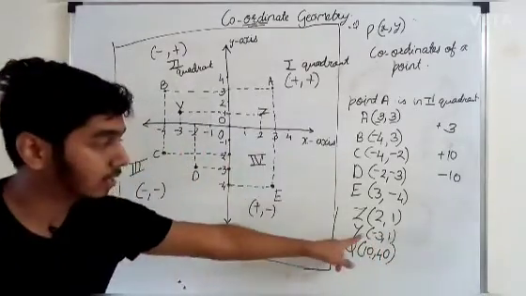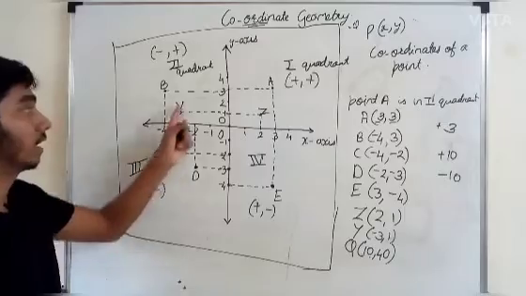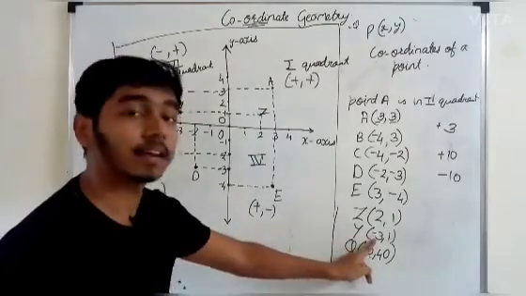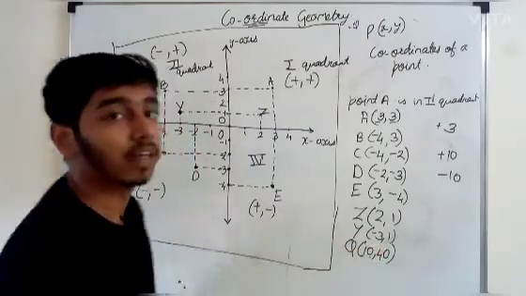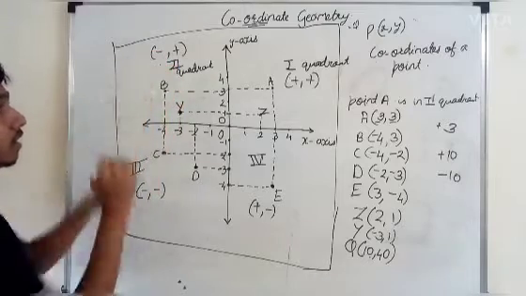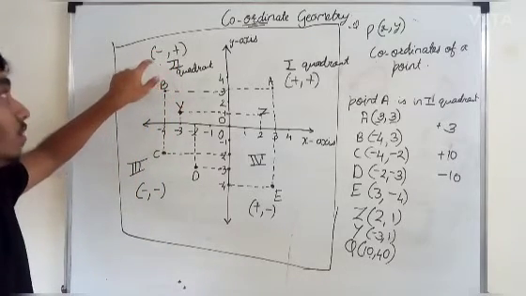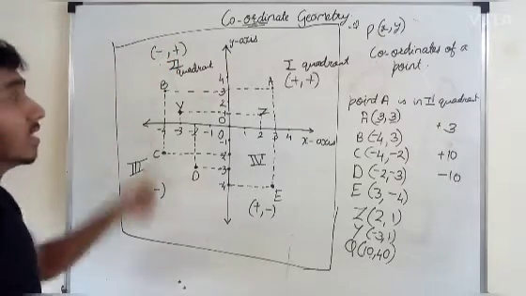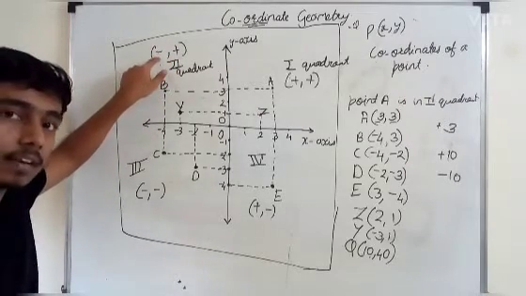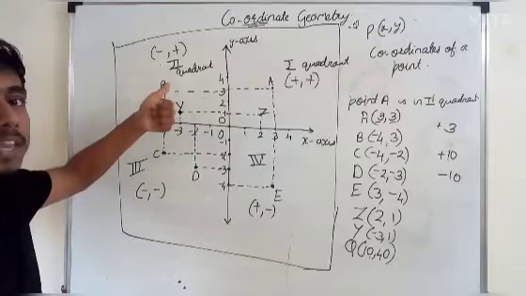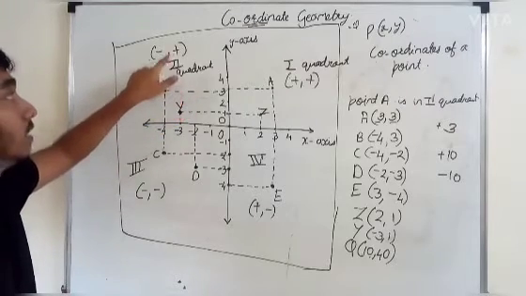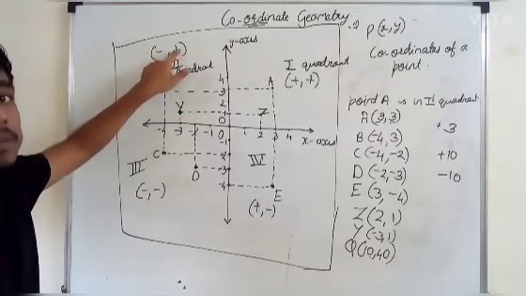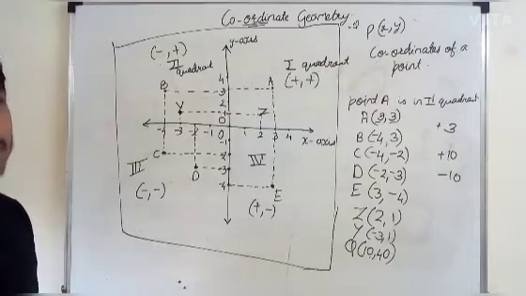If you see this point y, the x coordinate is negative and the y coordinate is positive. That's the sign convention for the second quadrant: negative and then positive. This means the x coordinate will always be negative in the second quadrant, and the y coordinate will be positive.